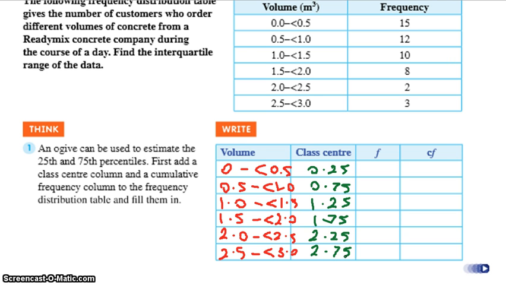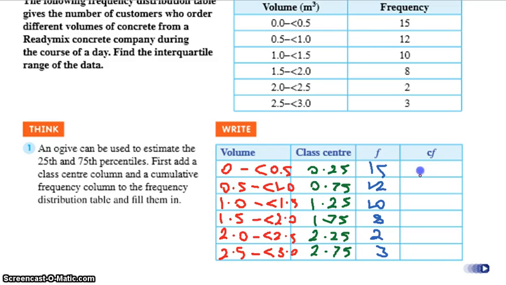Okay, frequencies have already been given to us. So 15, 12, 10, 8, 2, 3. Okay. Now, cumulative frequency. What do we got? First one, what's the cumulative frequency? Come on. 15, excellent.